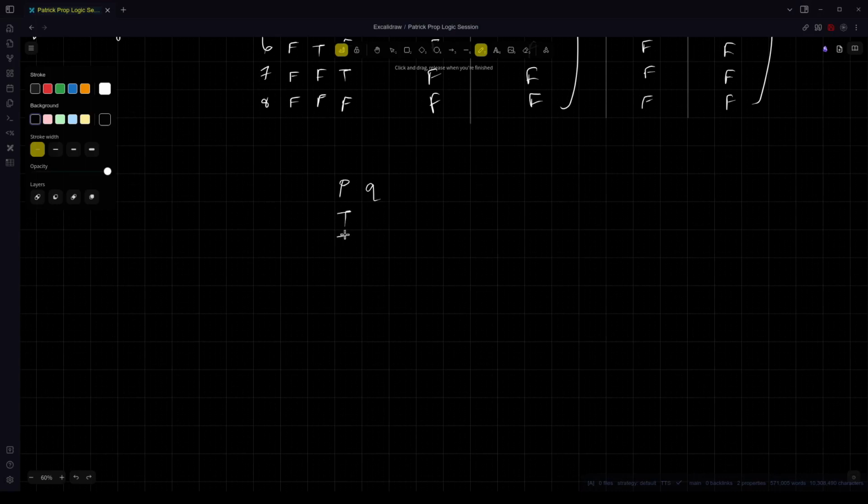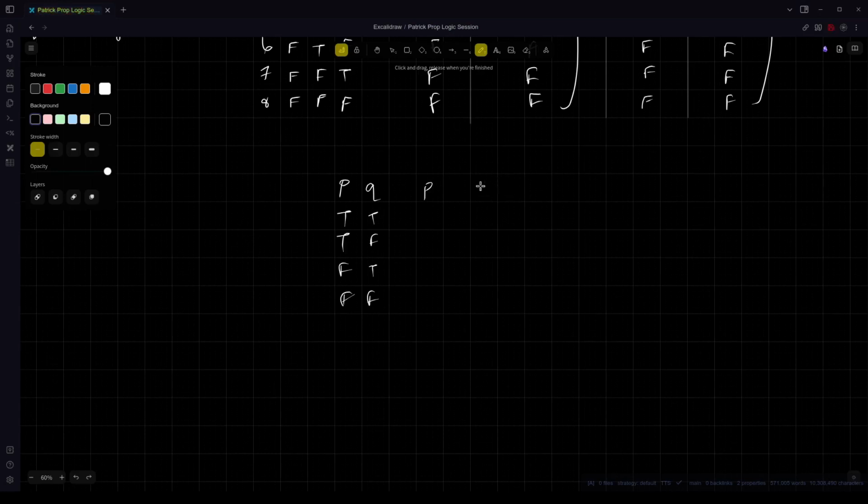We fill it with true, true, false, false, true, false, true, false. Okay, I think you can figure this out. Yeah, just 2 to the power of n. Yeah, 4, and then the first column 4 divided by 2, then 2 divided by 2. Yeah.